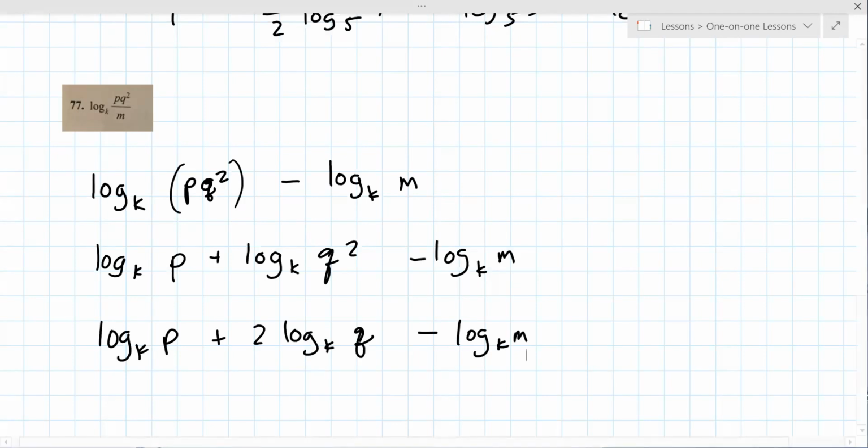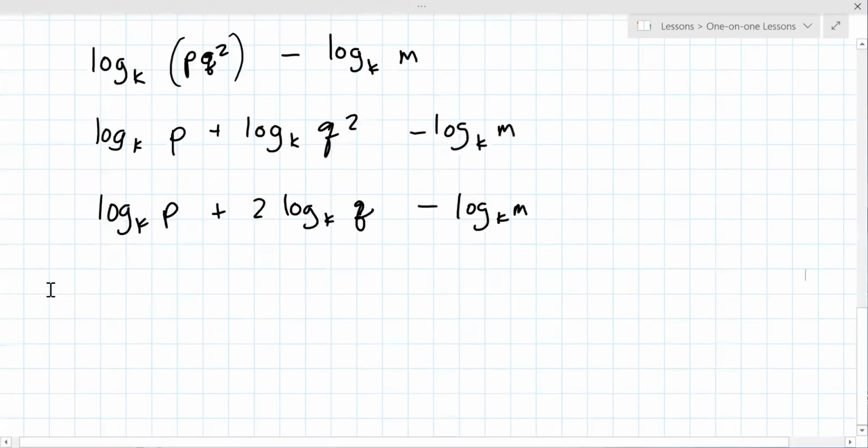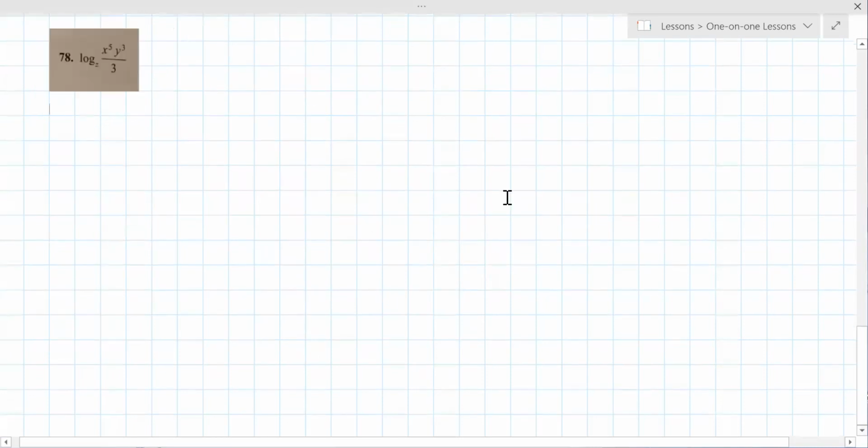Number 78. The path is the same here. You're going to use the fact that it's a fraction and separate it.